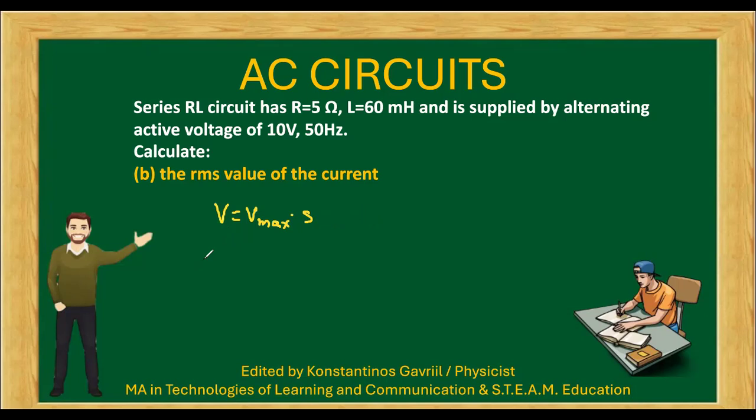We use the RMS in order to represent the AC voltage and AC current with the use of the RMS DC value.